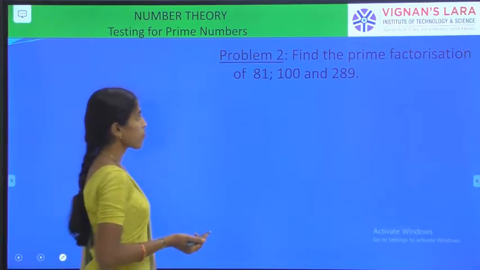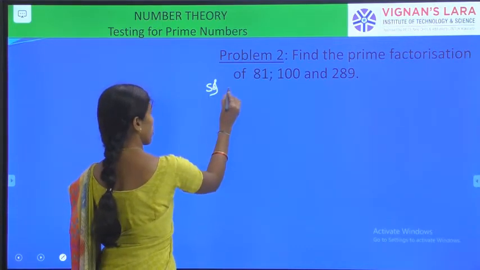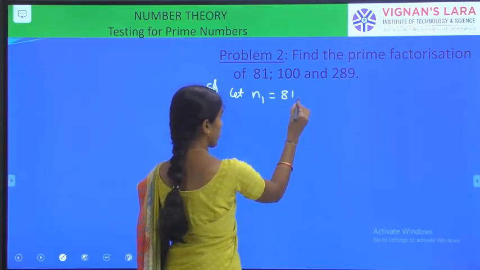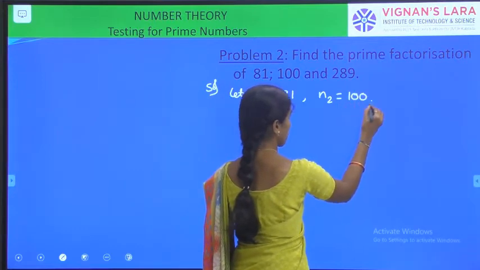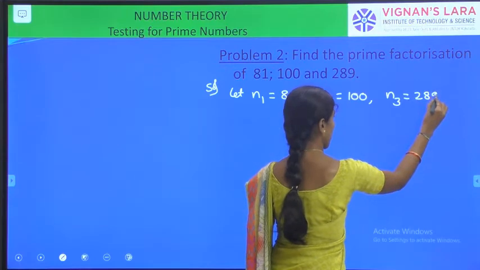Next, find the prime factorization of 81, 100 and 289. So let n1 is equal to 81, second number n2 is equal to 100, third number n3 is equal to 289.